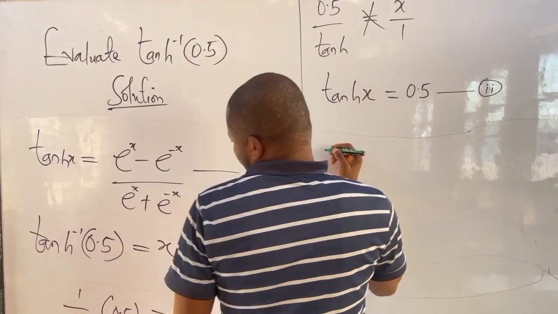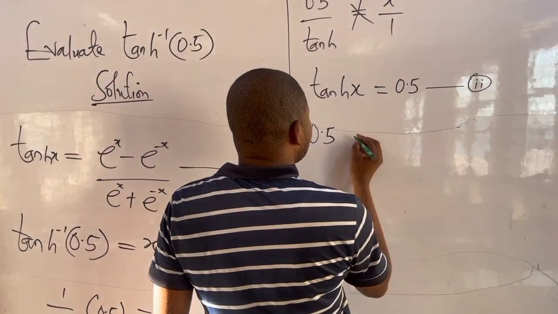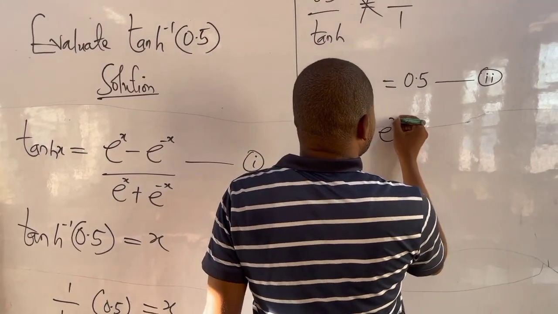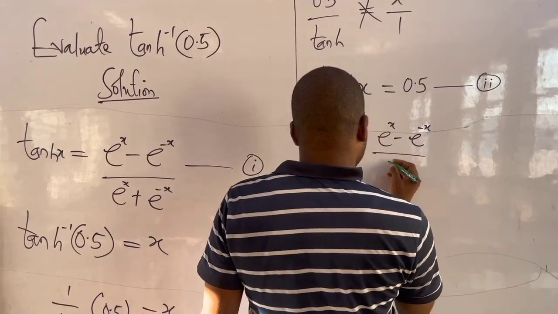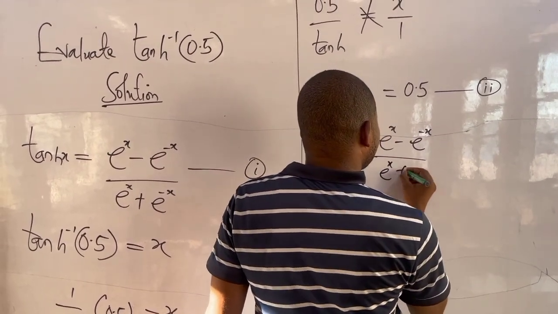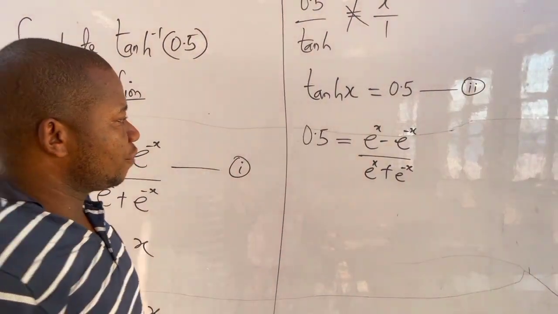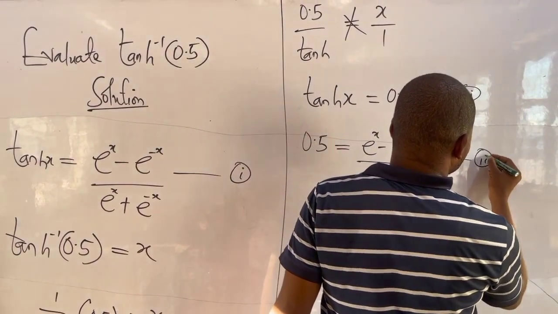So I will interchange it by saying 0.5 is equal to e^x minus e^(-x) all over e^x plus e^(-x). If you decide, you can call this equation 3 as the case may be.